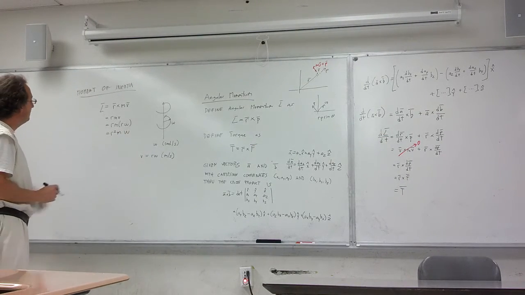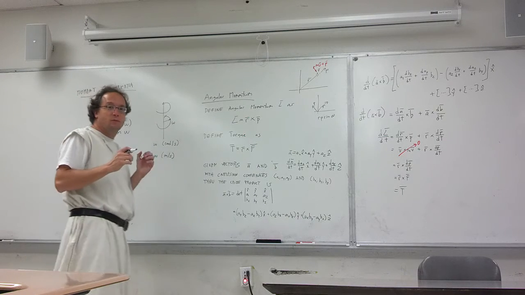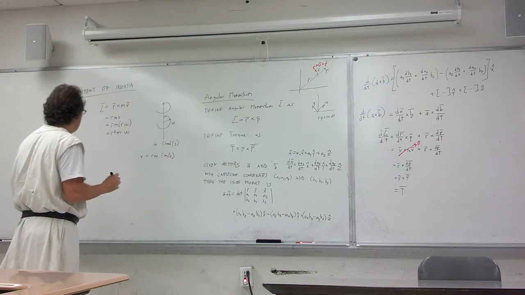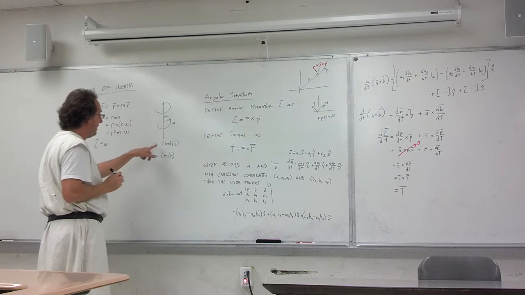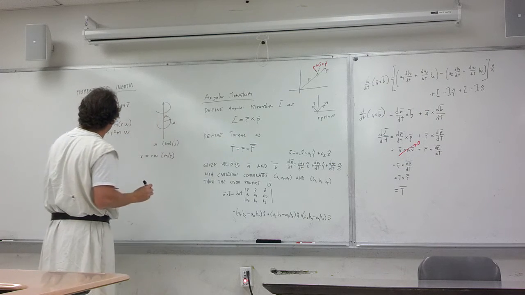Now, if this is a solid body, I'm going to replace the mass with the mass density and integrate over the whole thing. I'm going to factor out my omega, which doesn't depend on the geometry.